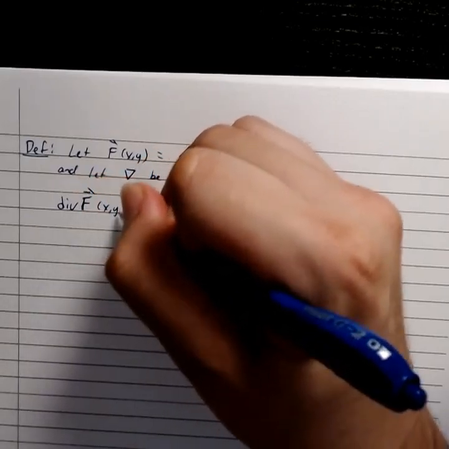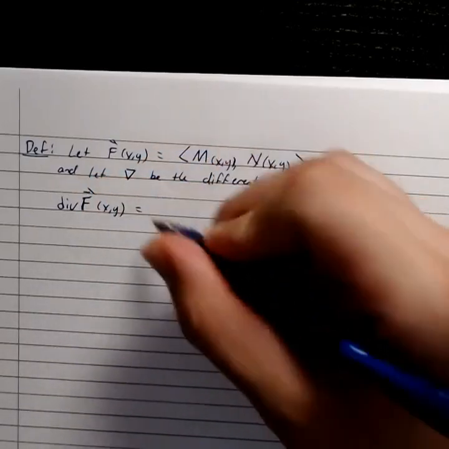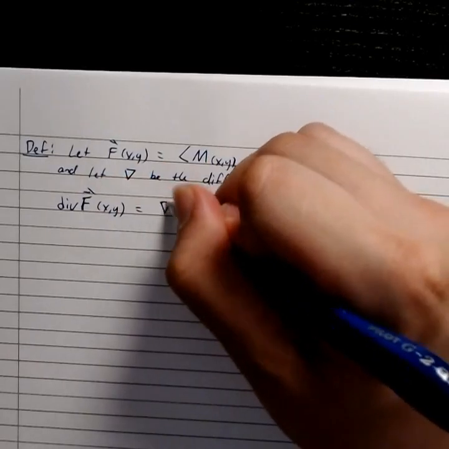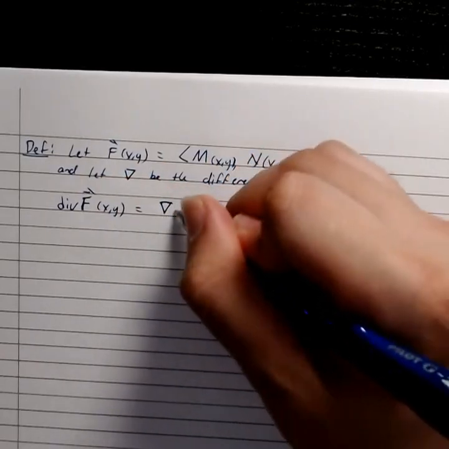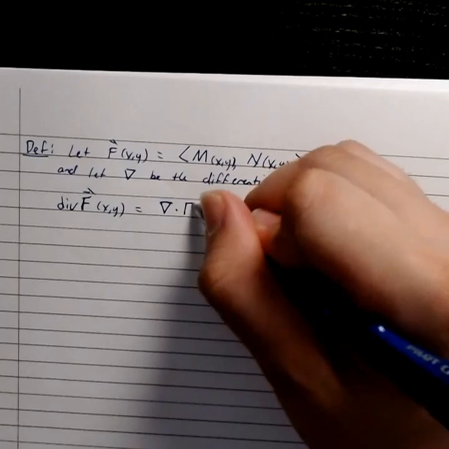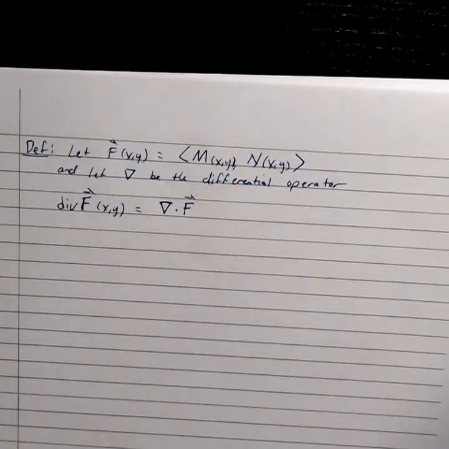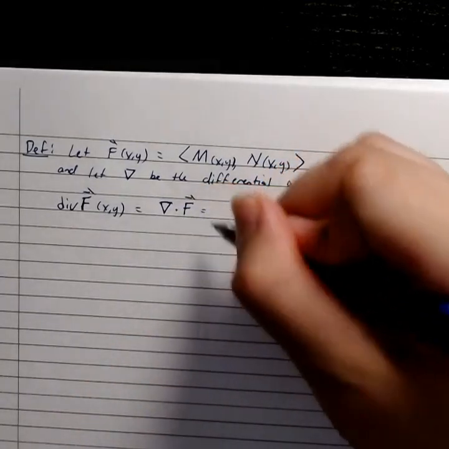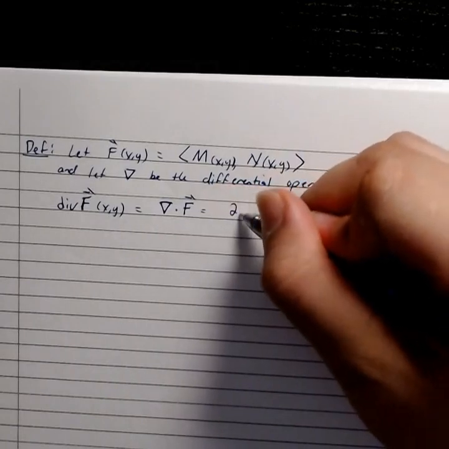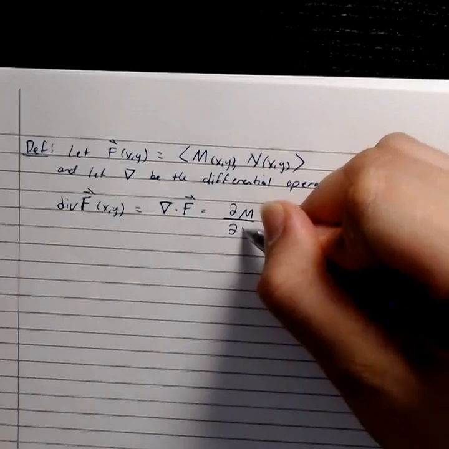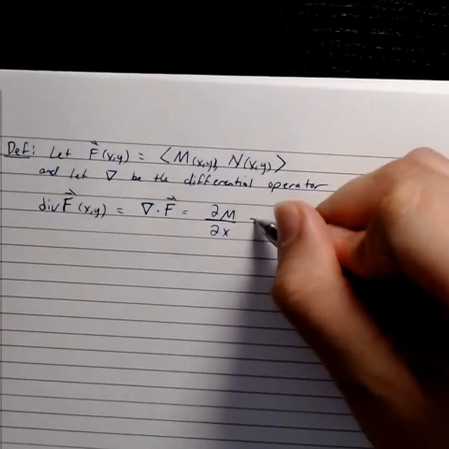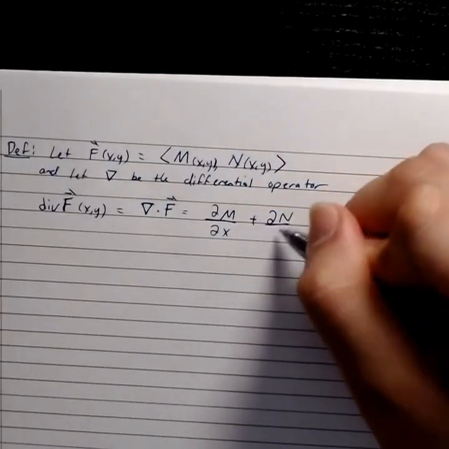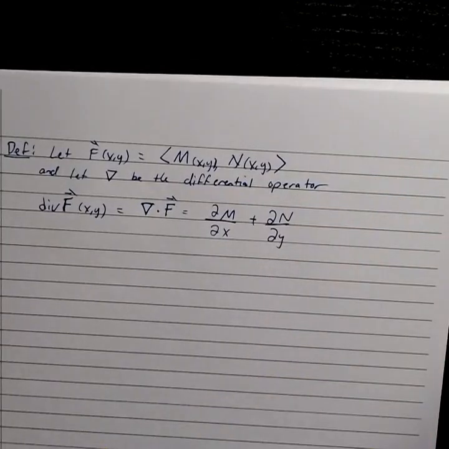Then the divergence of f, usually abbreviated as div of f of x comma y, is given by, and again our abusive notation is going to be the differential operator, but now instead of a cross it is going to be a dot with the vector field f, and that's going to be given by the partial of m with respect to x plus the partial of n with respect to y. All right?